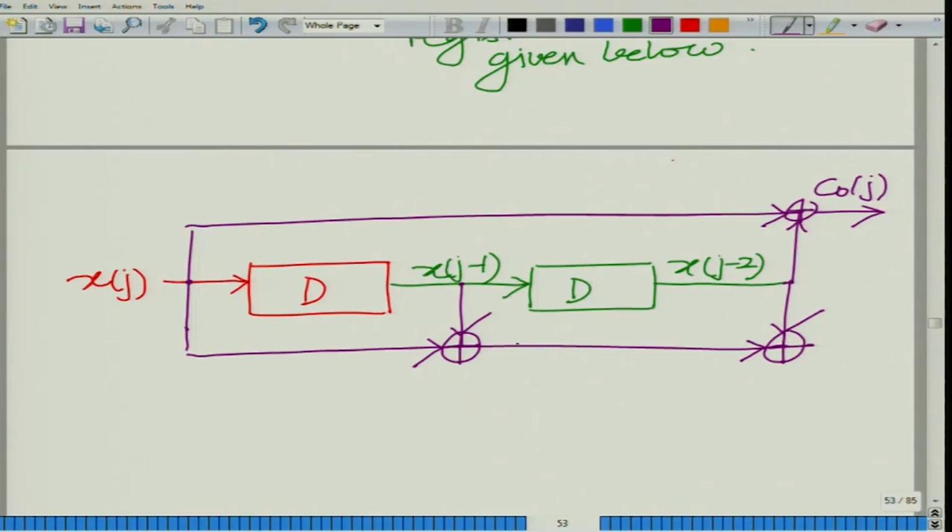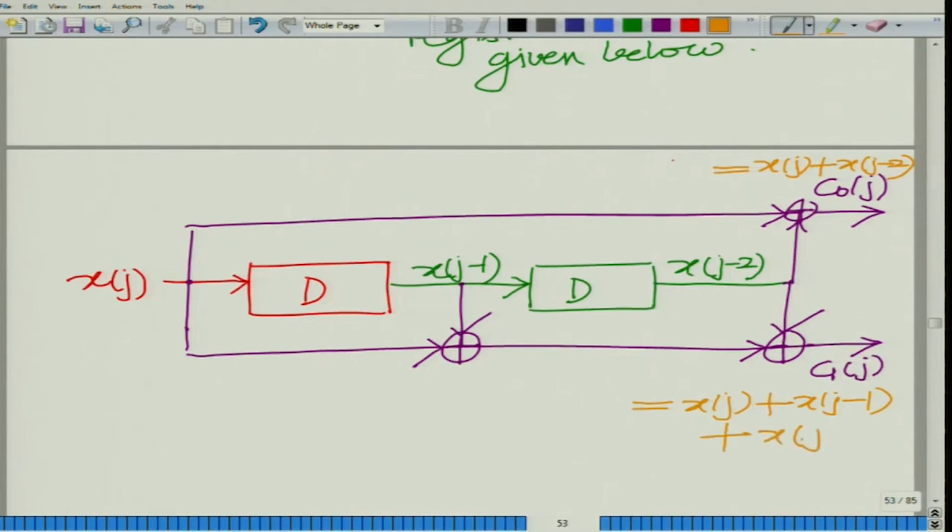So x of j plus x of j minus 1 plus x of j minus 2, that gives me c1 of j. Okay, so c0 of j is equal to x of j plus x of j minus 2, c1 of j is equal to x of j plus x of j minus 1 plus x of j minus 2.